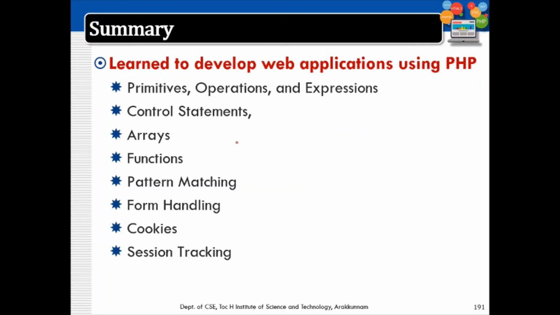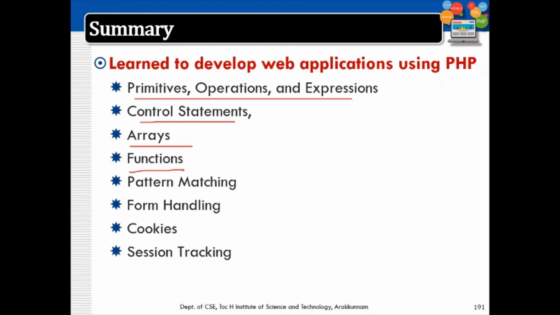So that's all about the topics in PHP. We have learned primitives, operations and expressions in PHP. Then we learned control statements, arrays and several functions which support arrays, 2 types of arrays, indexed arrays and associative arrays, the mechanism to sort arrays, and other functions like implode, explode, in_array, is_array, then the next function, end function, previous function to traverse through the array, then the foreach statement to print the key value pairs of an array.